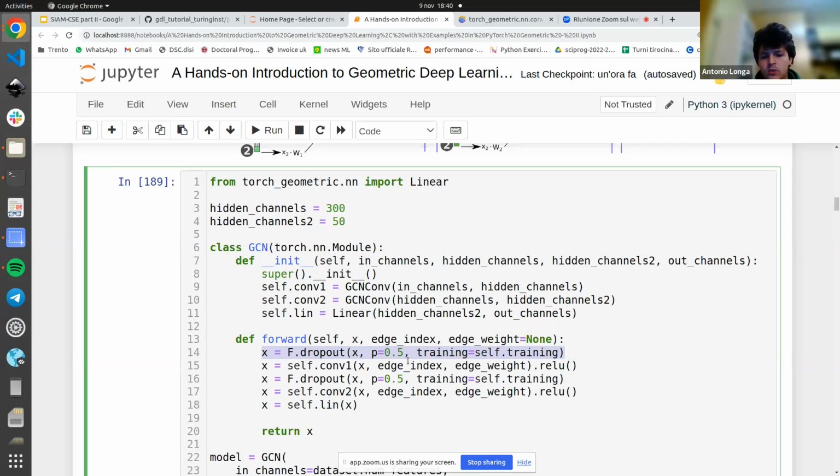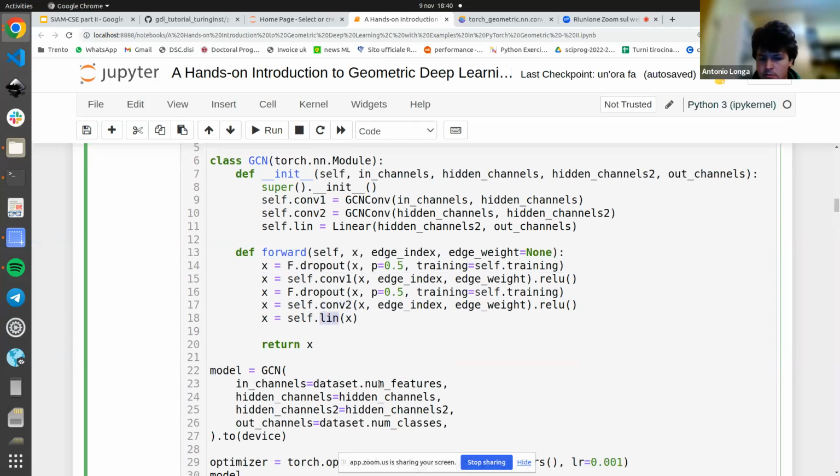And so with this dropout, we would like to increase the generalization of our model. But except for this, we have, as previous, our convolution number 1, convolution number 2, and finally the linear layer.